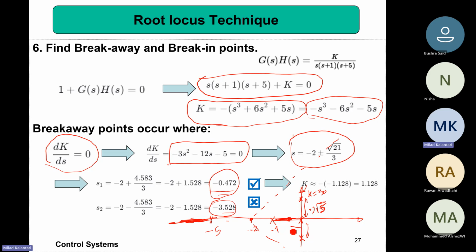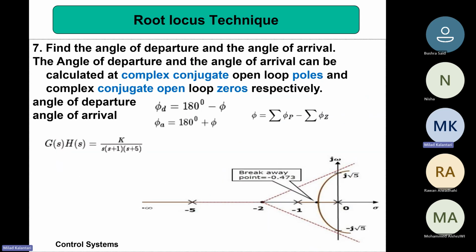So it means that this location is -0.47, and now we know this pole is going up, passing through that specific k of 30, colliding with the j omega at square root of 5, and then going to the asymptotes.